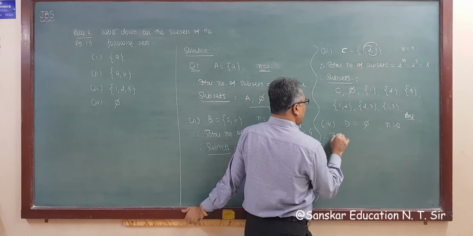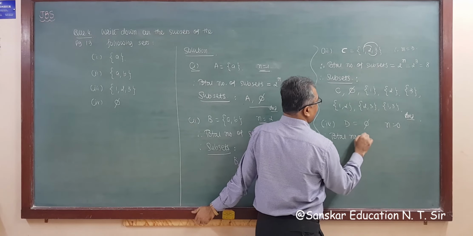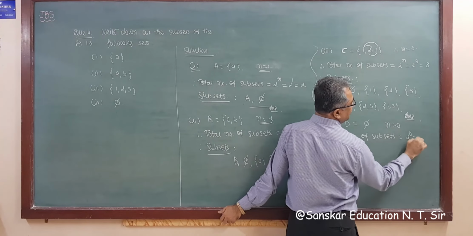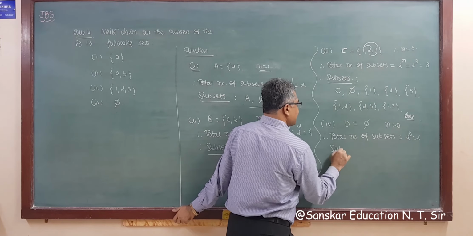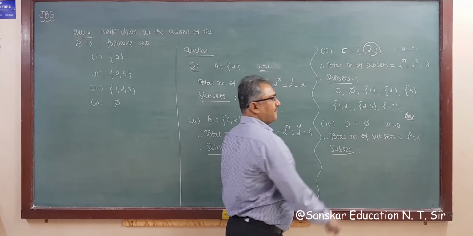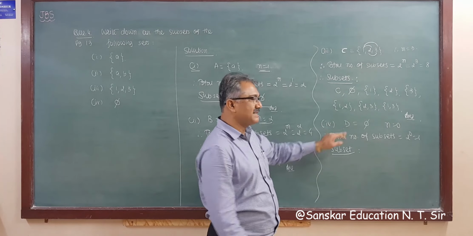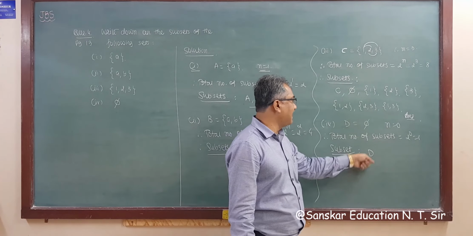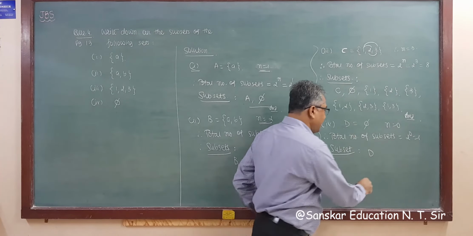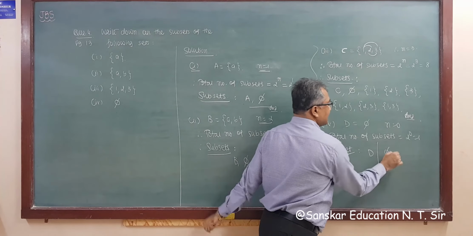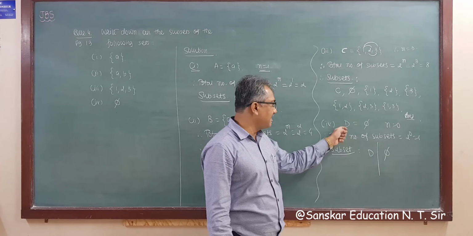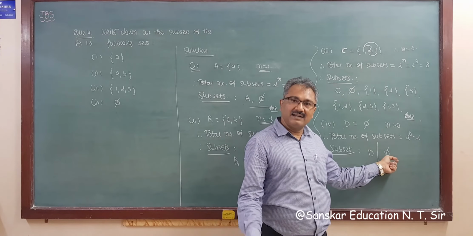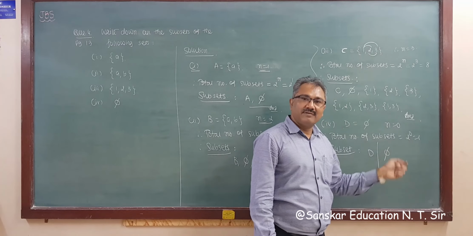So the required subset is 1, that is the set itself, that is D. And the empty set is a subset of all sets, but the empty set is D. So you can write D or the empty set. This is your correct answer. If you indicate the set itself by D, then D is the answer. Either you can write the empty set. That is your only answer, because we have only one subset.